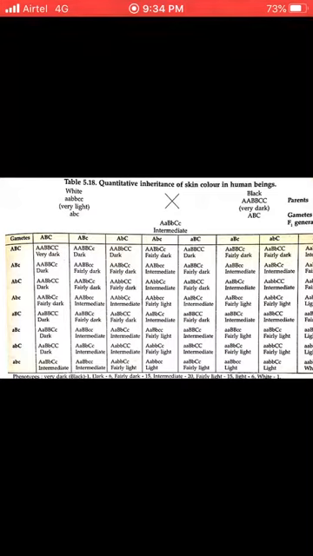If there is no dominant trait over there, then it will show white color, or if the traits are mixed, then it will show intermediate color. So this is a polygenic inheritance. Okay.